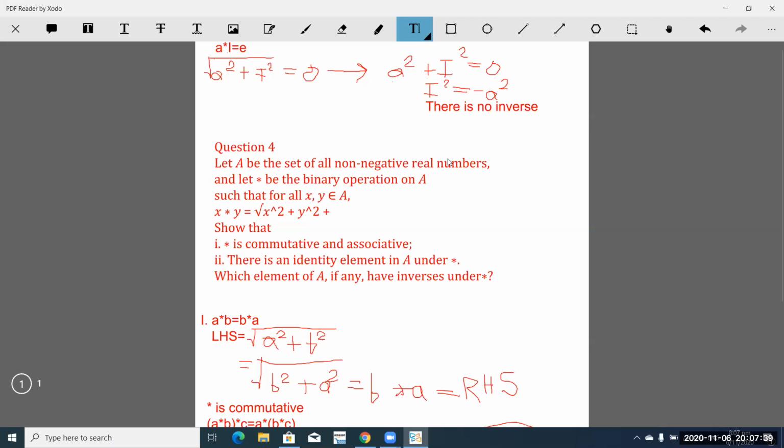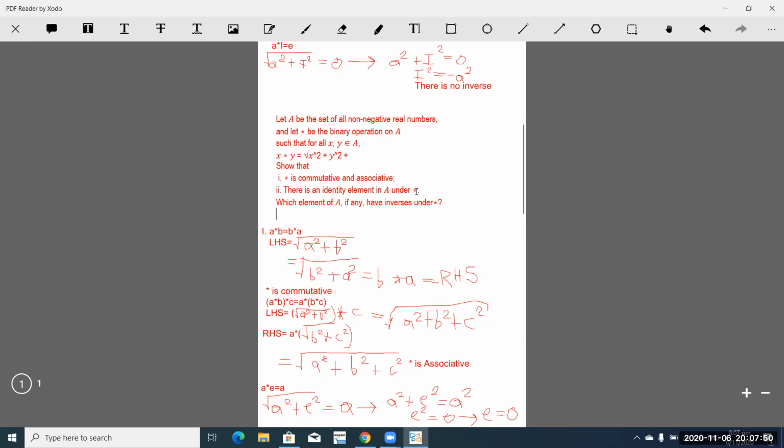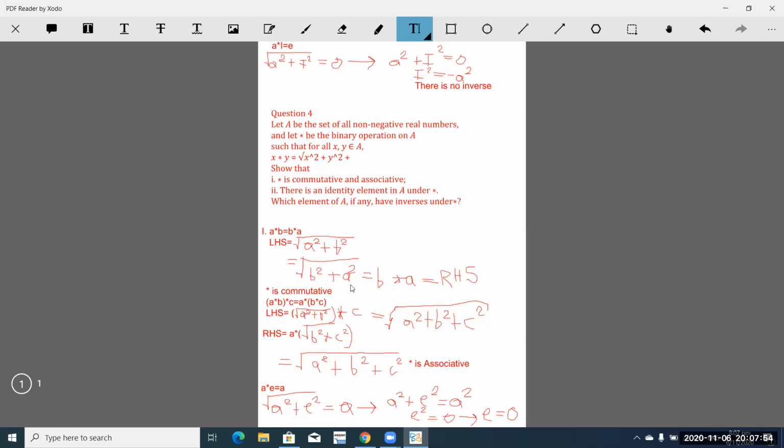So what we notice is that there is no inverse. Easy question. All right, that's it. Yes, sir. Those are the solutions for question 4. Easy. We're almost finished with this worksheet.